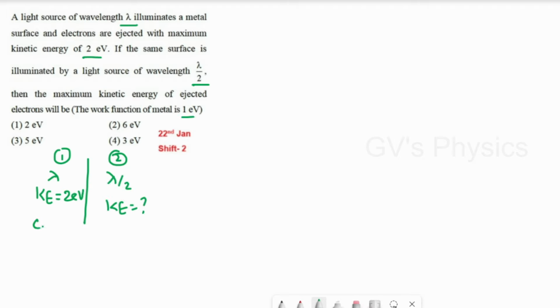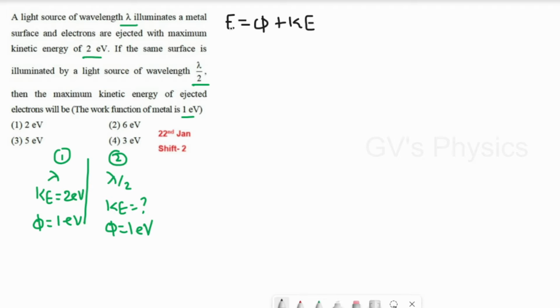The work function for both conditions is the same: 1 eV for the first condition and 1 electron volt for the second condition also. So now we will choose the formula: energy E is equal to work function plus kinetic energy. First we will substitute the first condition.